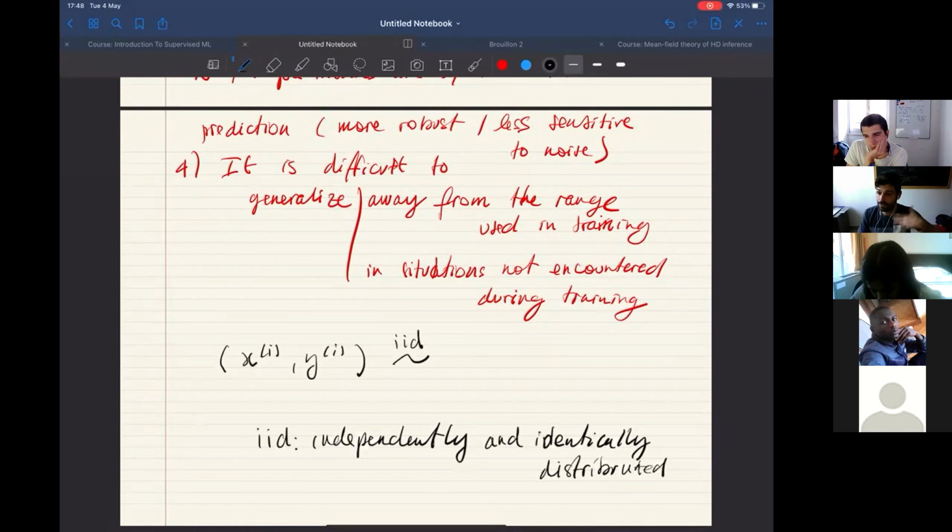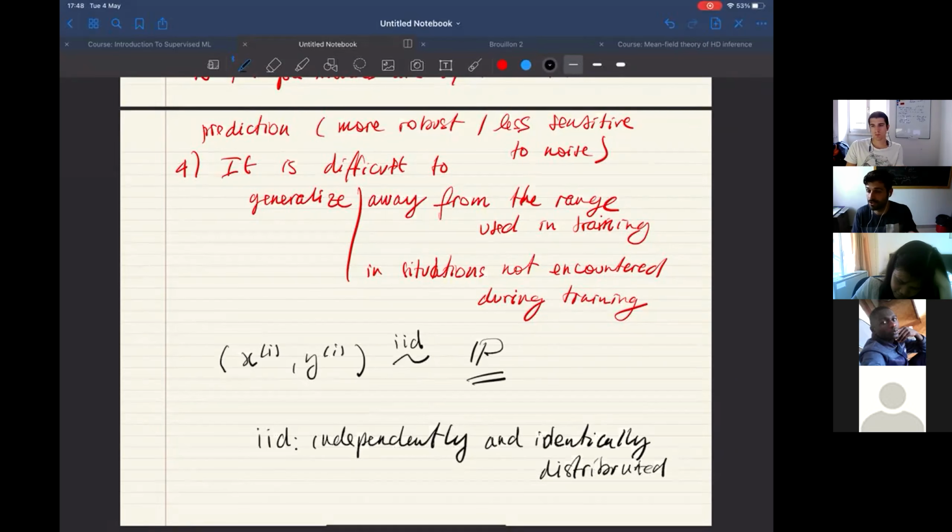You assume that all your samples are IID according to some unknown probability distribution. So the common point between the data in your training data and the data that you put in the test data is that they were all generated according to the same joint distribution, the same process.